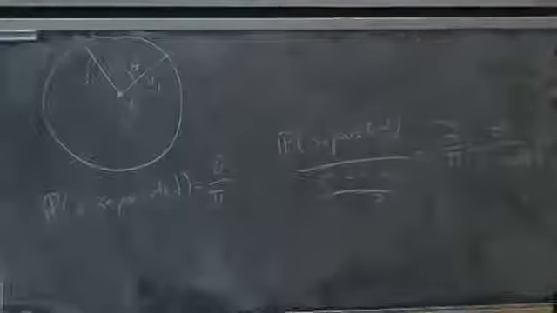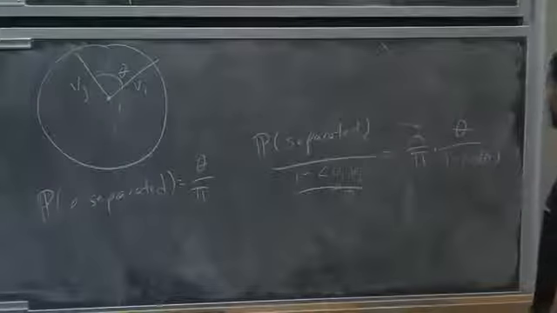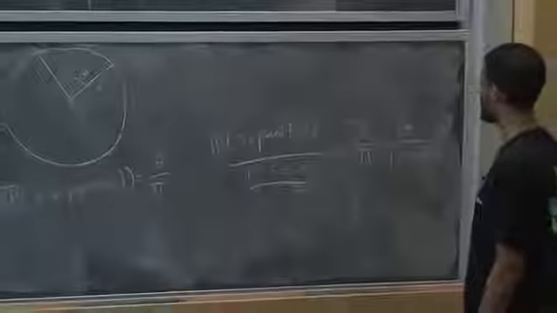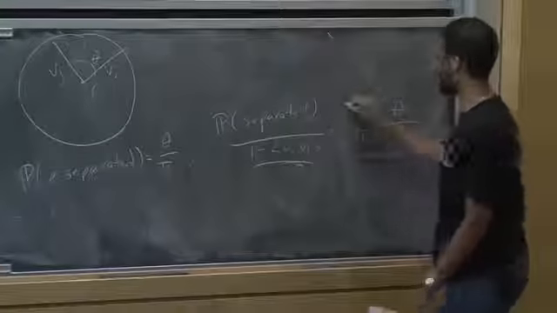Right? vi dot vj is exactly cosine theta. Okay, and so this is exactly where this ratio comes from.